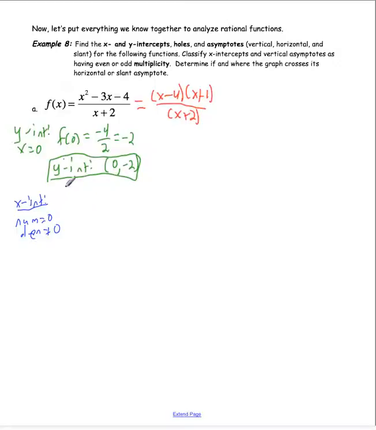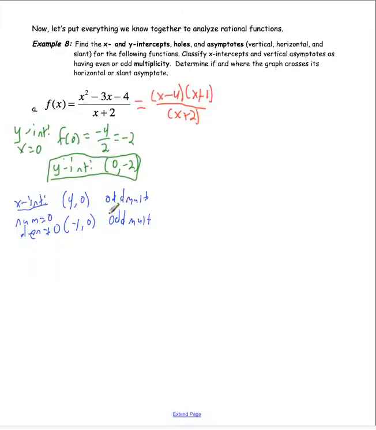Looking at our function, the factor x minus 4 gives us an x-intercept at (4, 0) with odd multiplicity because that factor occurs once in our function, and another x-intercept at (negative 1, 0) also with odd multiplicity. Okay, we're going to move on now.